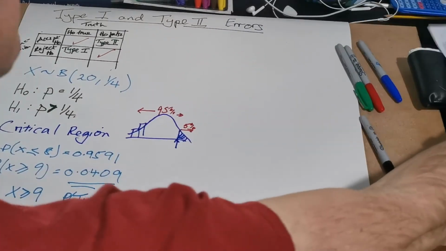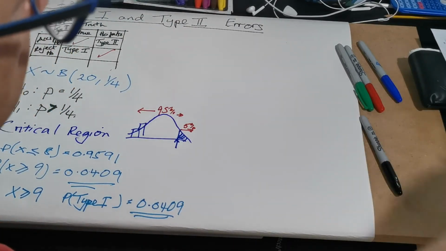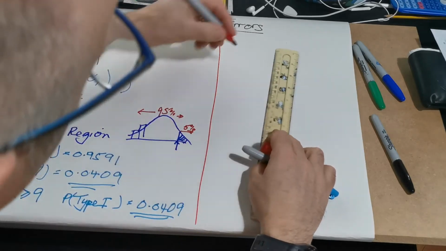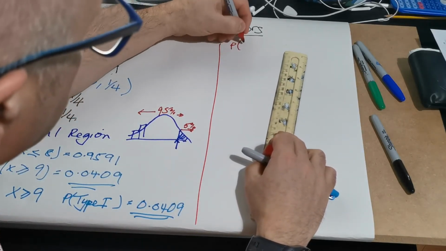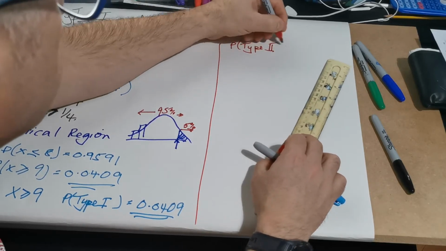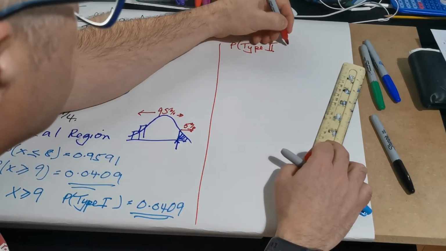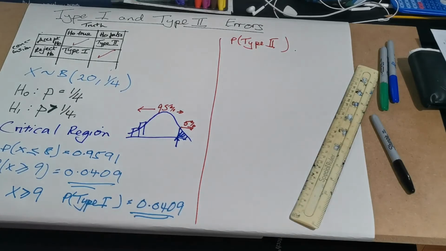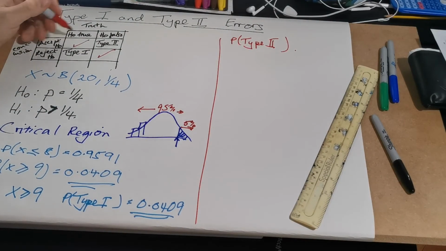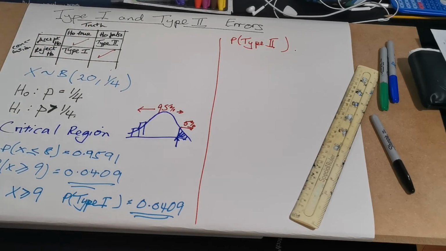So then we need to think about the probability of a type 2 error. Now that is that we accept H0 given that H0's false.